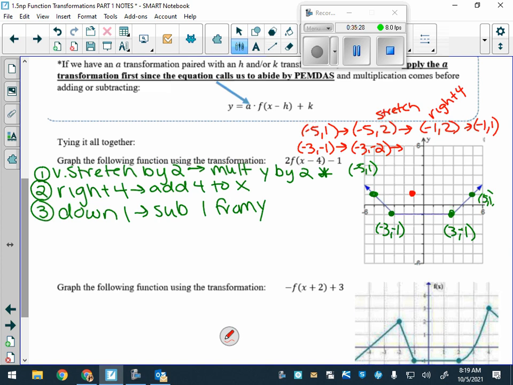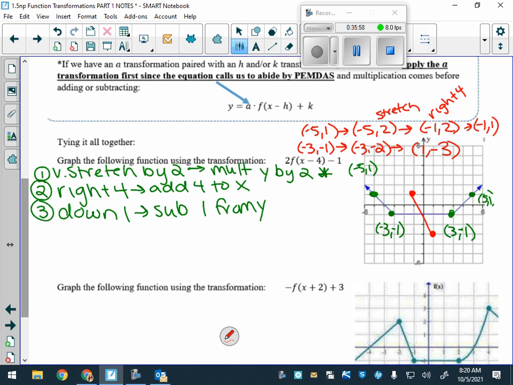So -3 plus 4 is what? 1, okay? Then I have to take -2 and subtract 1 from it. And what do I get? -2 minus 1 is what? -3. So my new point is 1, -3. How many of you did get that for that one?